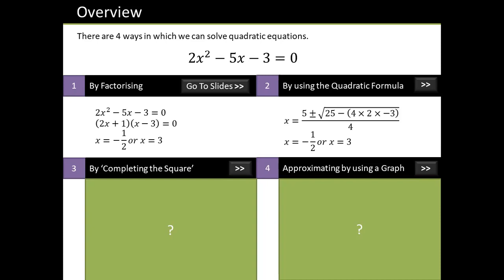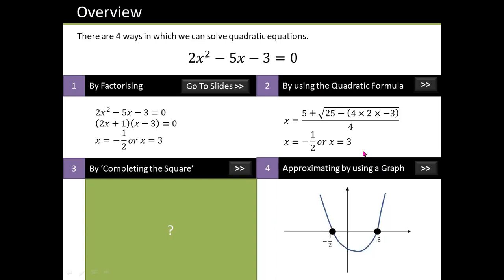Okay, so what does it mean? That formula uses the value of a, the value of b, and the value of c, which is the constant or the number in that formula.